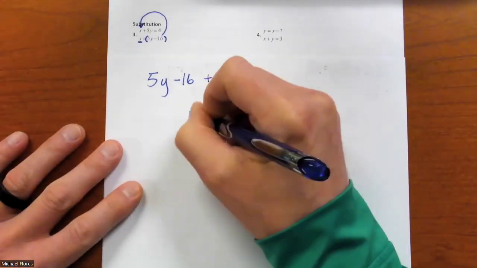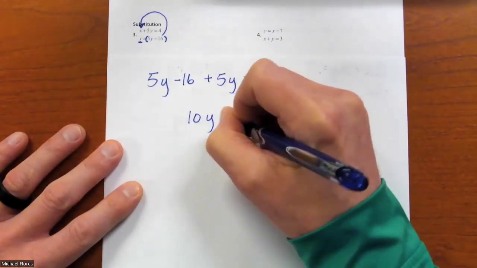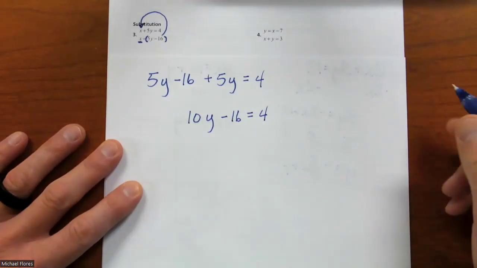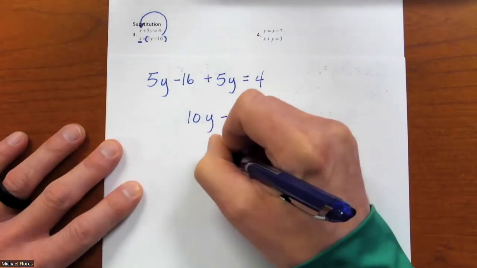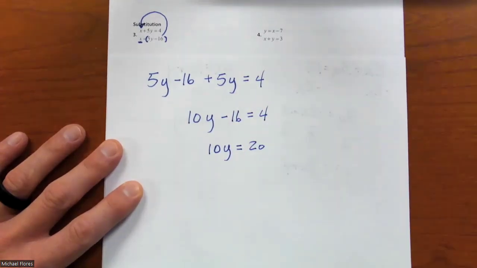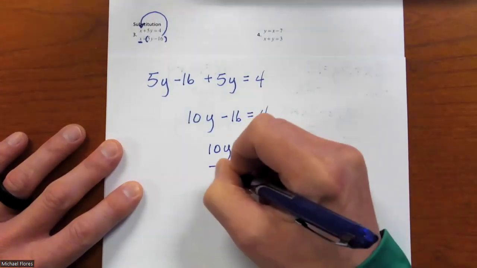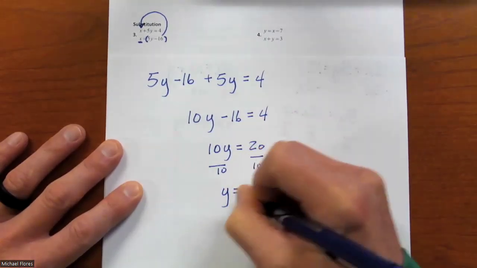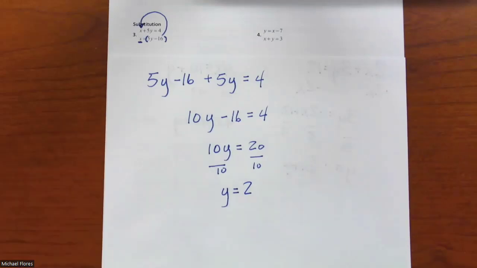Combine your like terms. Add 16 to both sides. Divide both sides by 10. y equals 2. Now that we know what y is, we can solve for x.